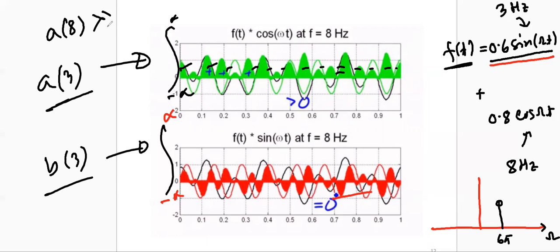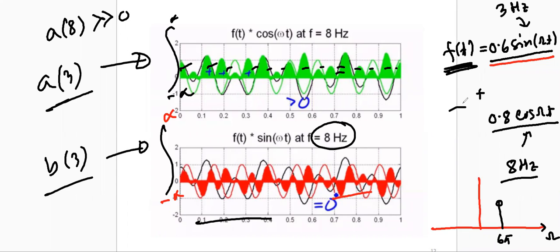That is much higher compared to 0, and that is expected because our unknown signal has a cos part that contains an 8 Hertz signal. For the b portion, the sine part at 8 Hertz, there is no component in our signal, so we don't find any value and the summation gives almost 0.